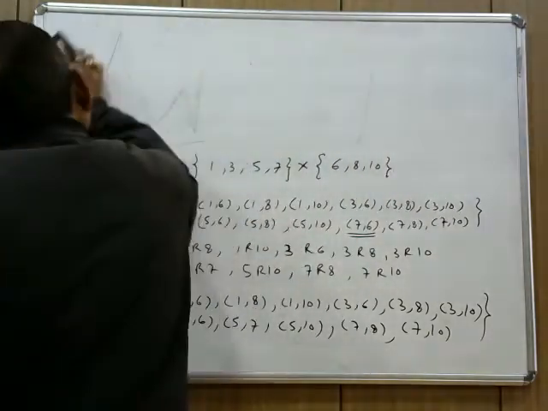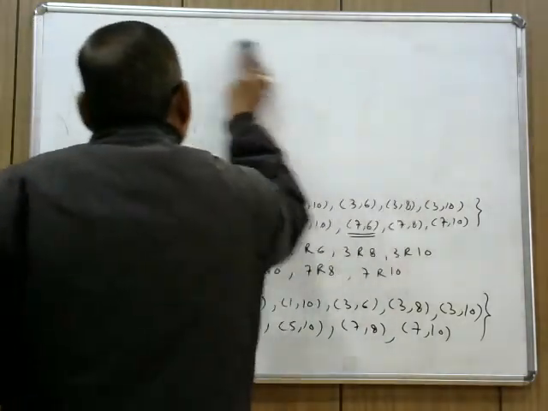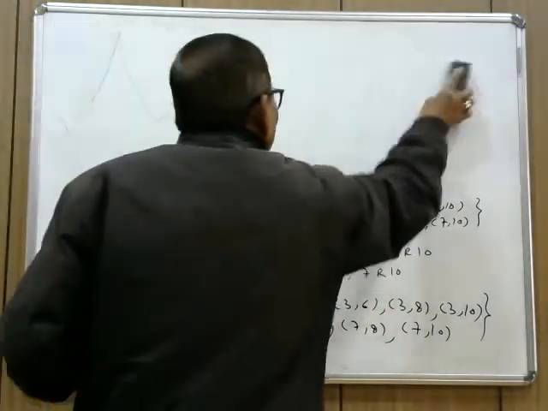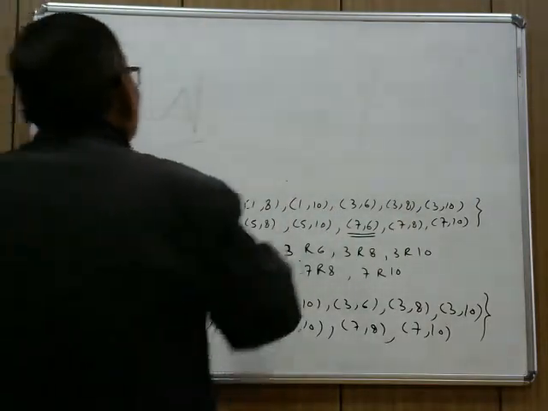Pictorial diagram, visual representation and arrow diagram are all the same thing, but with different names.